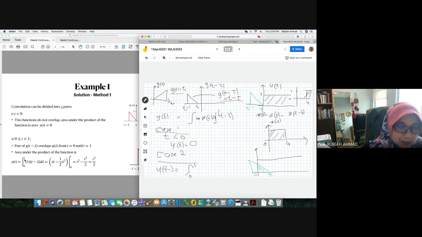And then the function is u(t), or x(t), times g(t minus tau). So u(t) is forever 1. And then our g(t minus tau) is t minus tau, and then d tau.